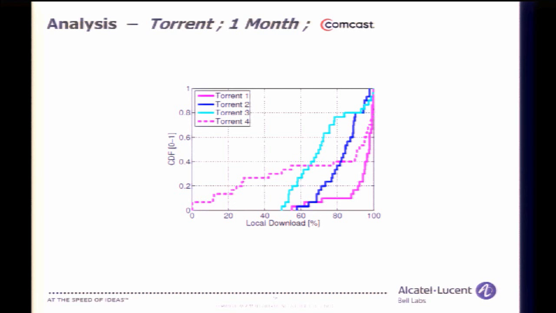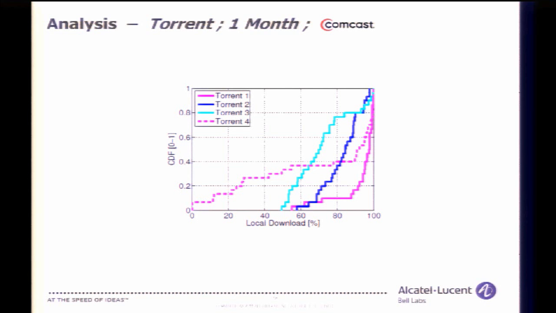But for the last torrent, torrent 4, to some extent this is still true, but then in some cases we actually get very good performance. This torrent is very unpopular, but in some cases we get better performance, and performance means fraction of traffic which stays local, even better than the second most popular one that we have.